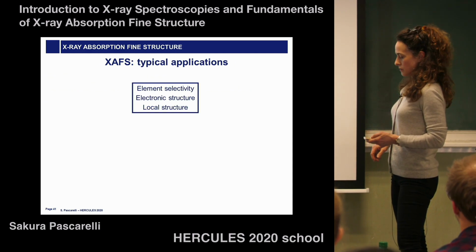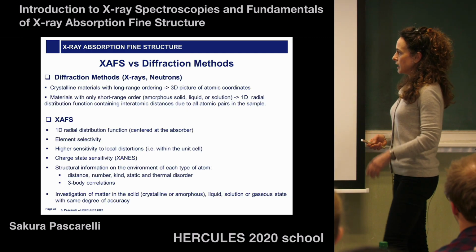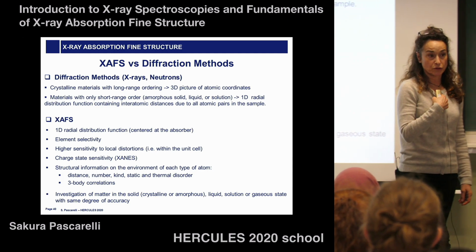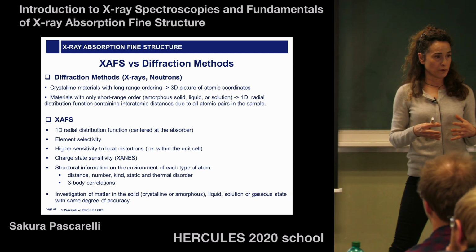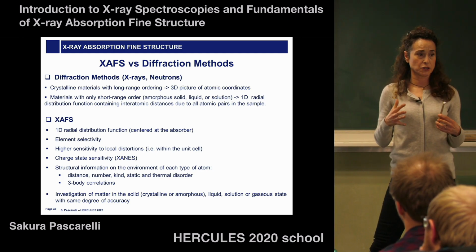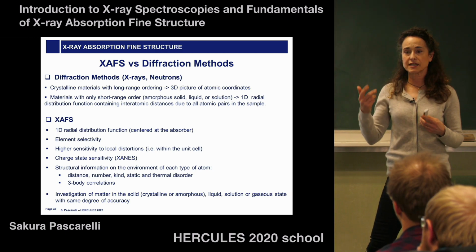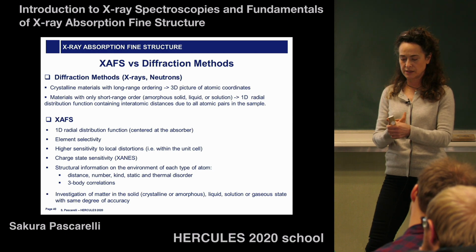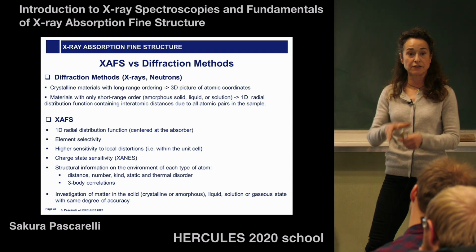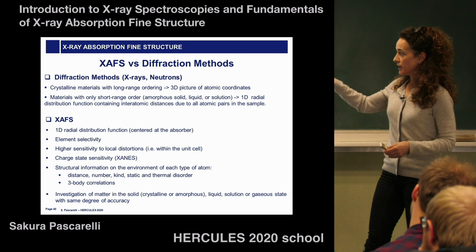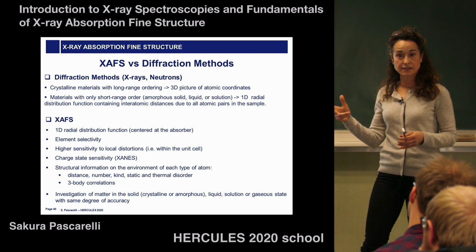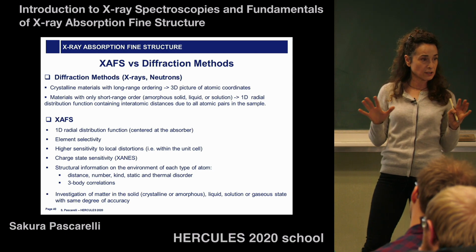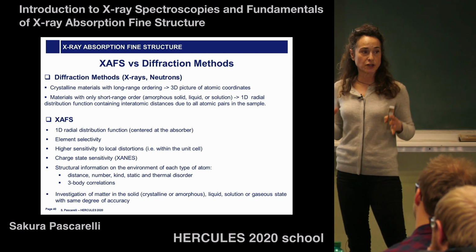If you use X-ray absorption fine structure, you always get a one-dimensional distribution function, but it is centered on the absorber. That already simplifies the situation a lot. If you have, for example, A, B, and C atoms, with diffraction you will have AA, BB, CC, AB, BC, AC, everything mixed. If you have EXAFS and you look at an ABC system, you will only have AA, AB, and AC. So that's already simpler. You know where you're sitting.